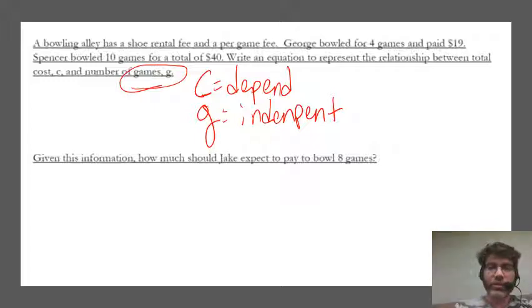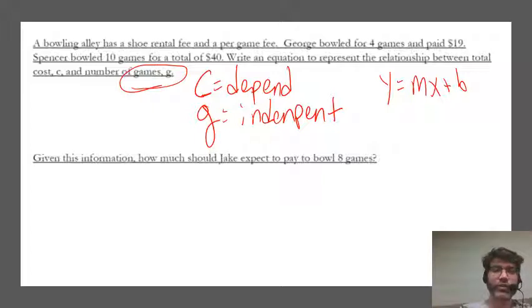So you know how we have y equals mx plus b? Well, instead of y, which is our dependent variable, here we call our dependent variable the total cost C. Instead of x, which we call the independent variable, here the independent variable is the number of games that we're going to buy. Okay, and then we still have our fixed fee at the end.